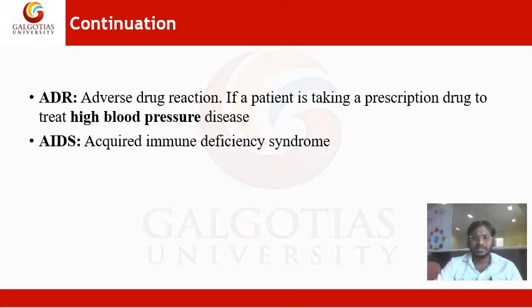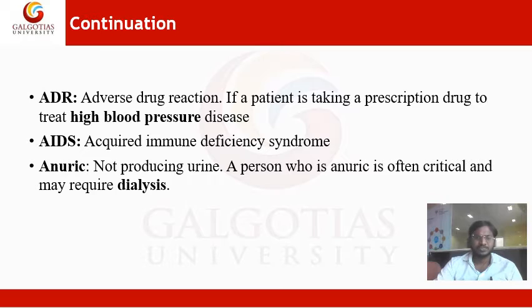AIDS, I think you know very well, acquired immunodeficiency syndrome. The complete word is acquired immunodeficiency syndrome, and the short form is AIDS. Even doctors follow the same abbreviation. Next one, anuric. Anuric means not producing urine.